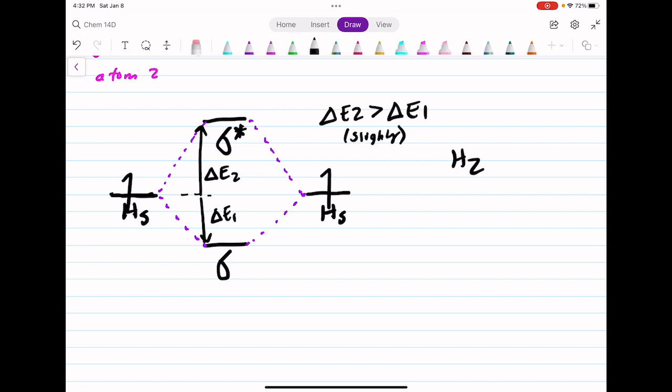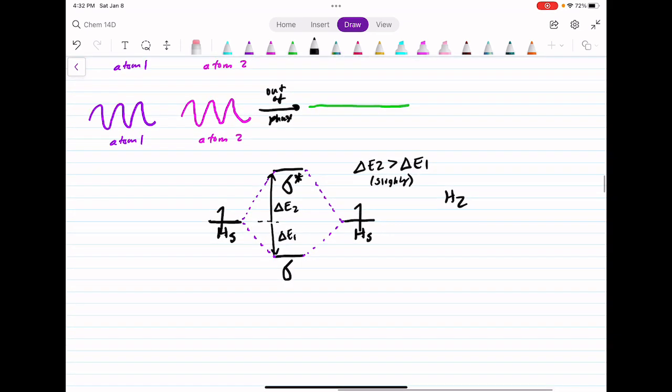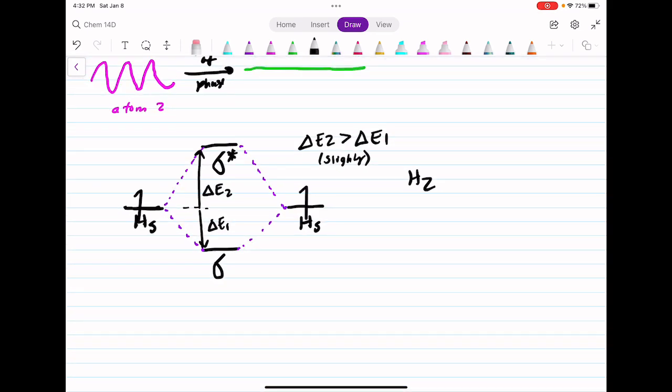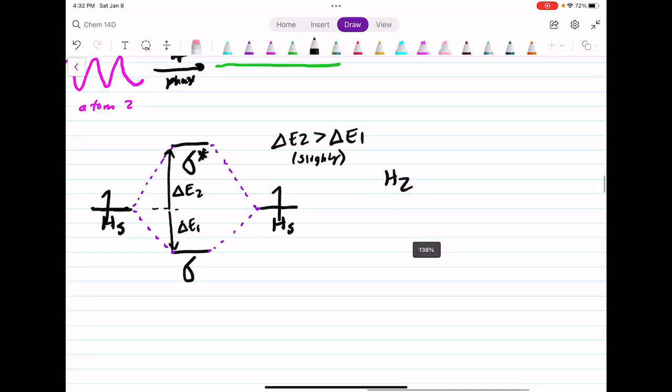Not hugely, but the energy by which the antibonding orbital goes up is a little bit greater than the amount that the energy goes down when we go to the sigma bonding orbital. Again, I'll explain why that is. It's a slight difference, but it's significant enough that it does make a difference.